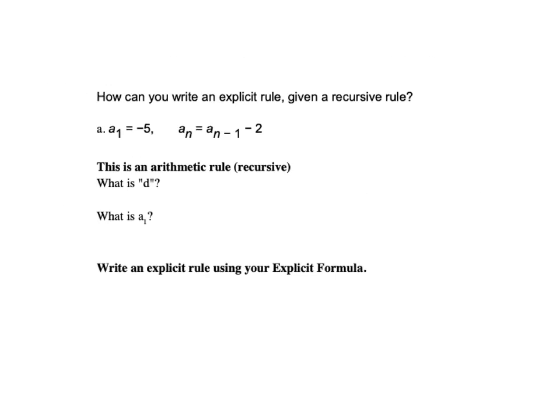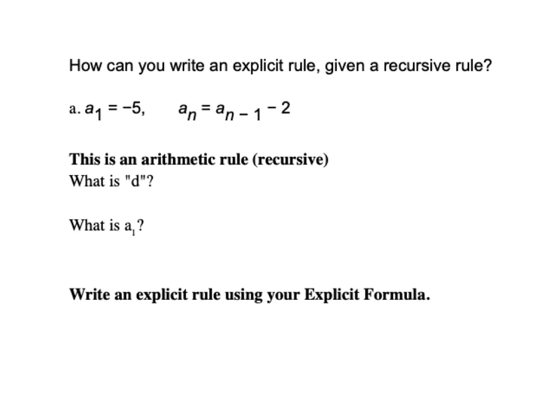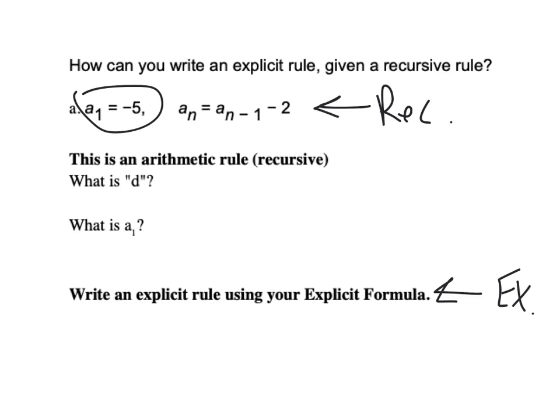Okay, here in our next one, we start with a recursive, and we are writing an explicit. Okay, so if we're going to write an explicit, we need to know what our common difference is, and we need to know what our first term is. Okay, so if we look, it defines our first term, a sub 1, as -5.